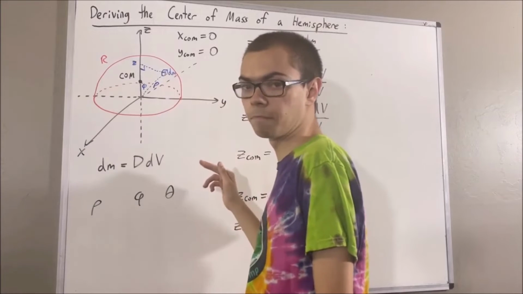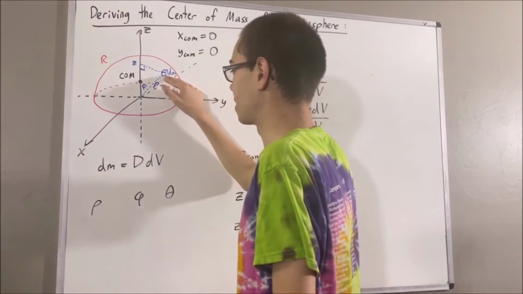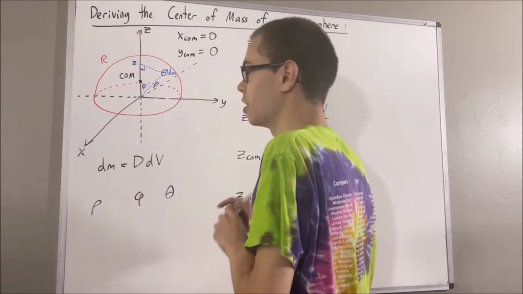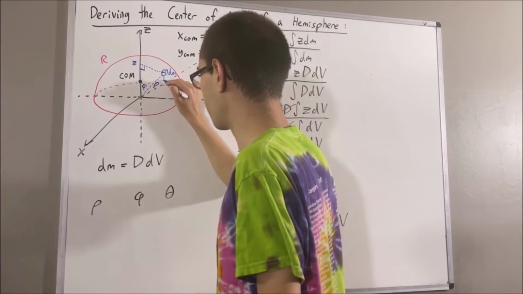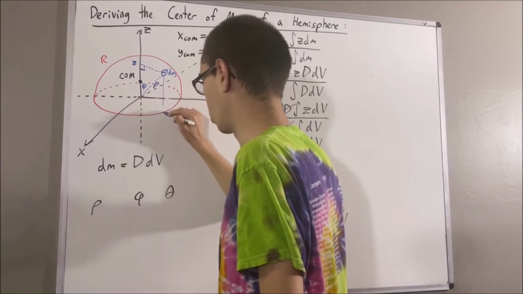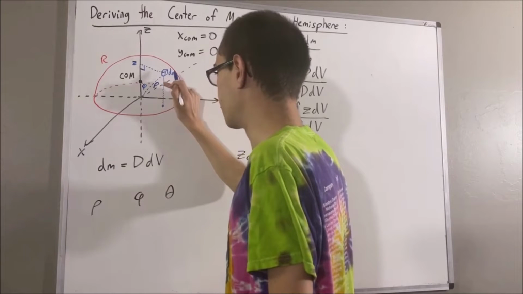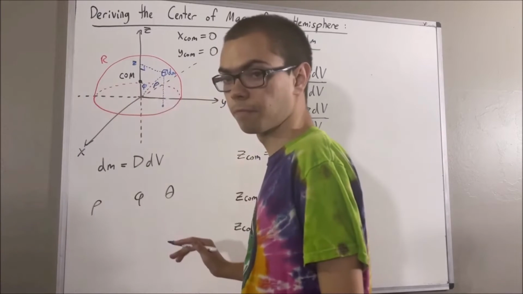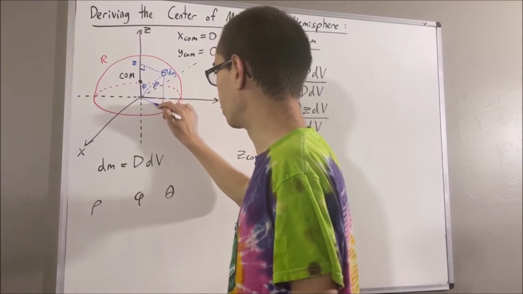And theta refers to the angle from the positive x-axis counterclockwise to the projection of our differential mass onto the xy plane. So first, let's draw the projection of our differential mass onto the xy plane. To do that, we draw a dashed line from our differential mass to the xy plane. Let's say that this is the intersection of this dashed line with the xy plane. Well then, let's draw a dashed line from the origin to this point.